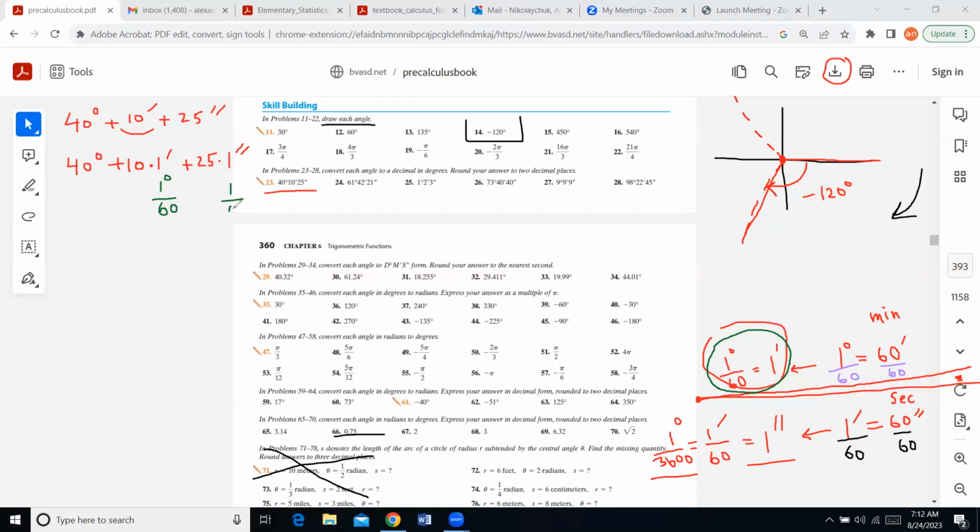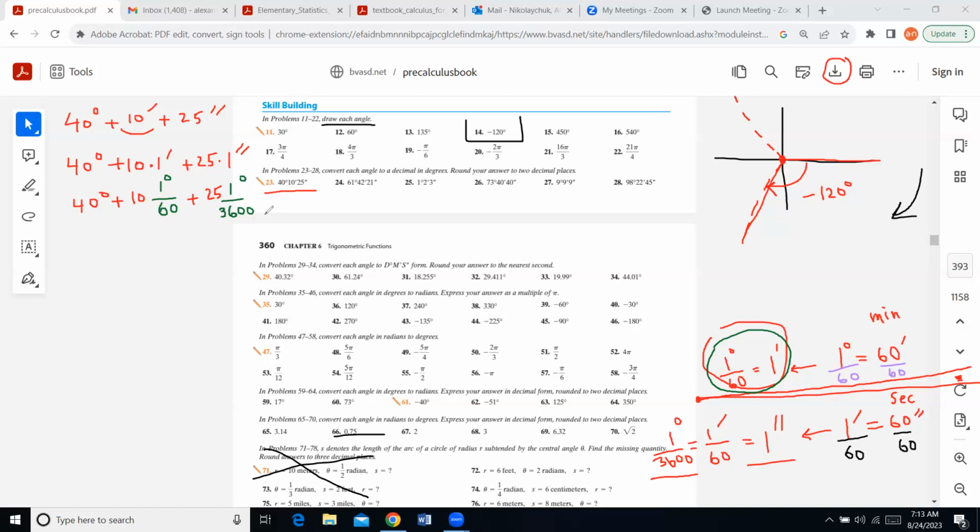And instead of 1 second, I'll produce 1 over 3600 degree. See, that's the way to turn everything into those degrees. So there'll be 10 times 1 over 60 plus 25 multiplied by 1 over 3600.